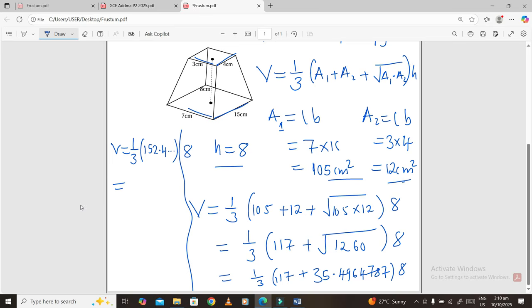When we multiply by 8, it's giving us 1,219.97183. Divide by 3, and this will be 406.7. We can write this in 3 significant figures as 407 centimeters cubed. So this is our answer.